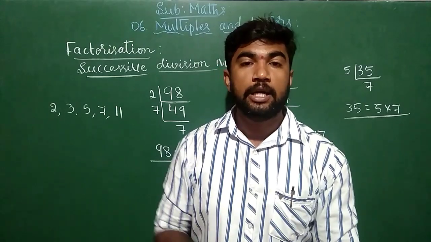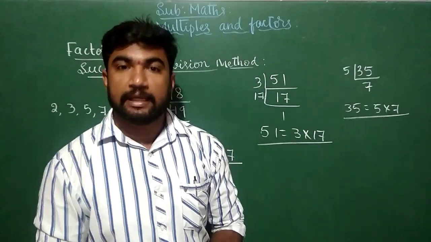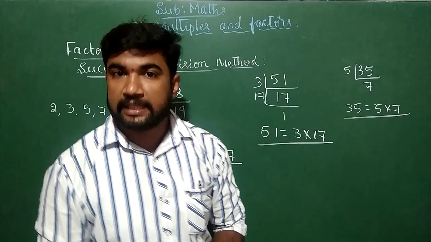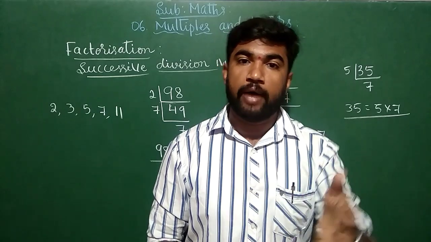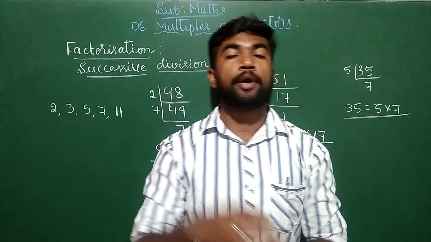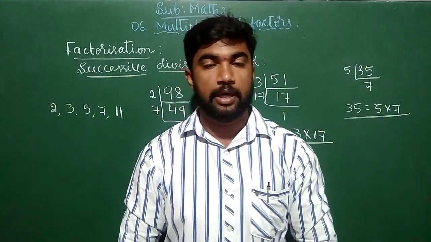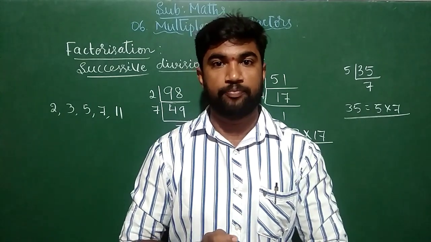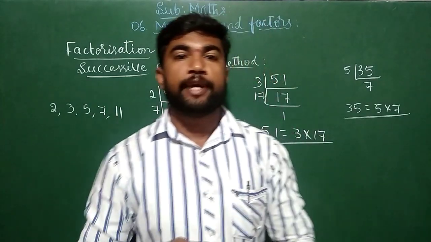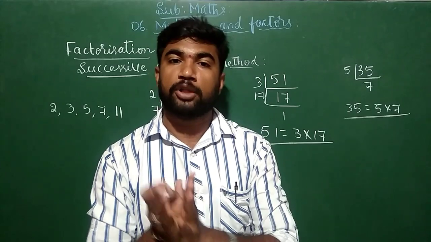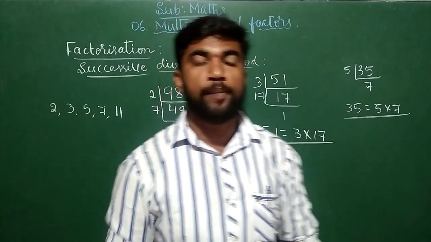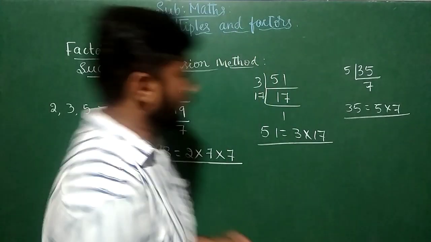For the next main exercise problems, we can solve either by the factor tree method or the successive division method, but we need to find the factors. So we can solve the 5 questions by both methods. I will show one problem in 2 methods.